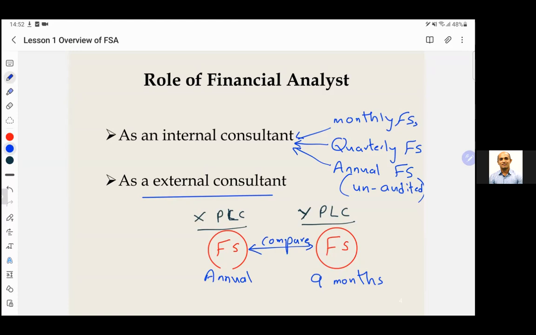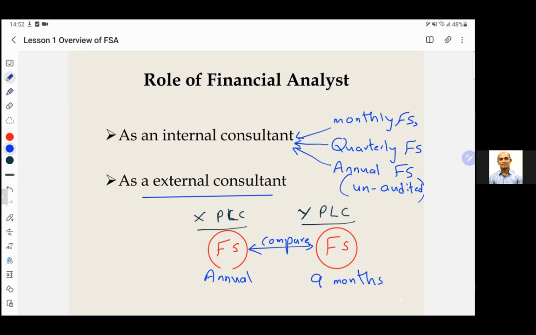Now you see, you can't just start the analysis. Once you have the financial statements, you can't just start the analysis.